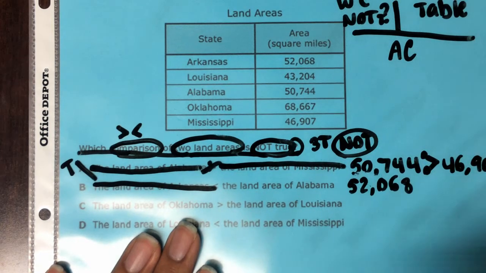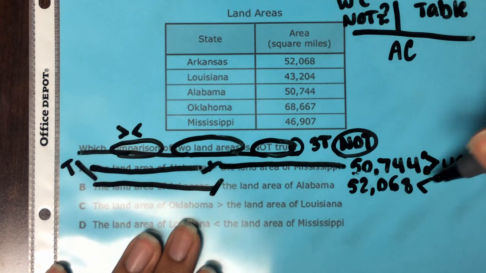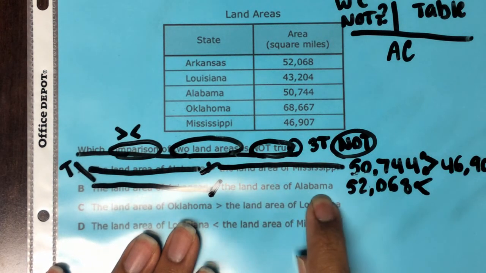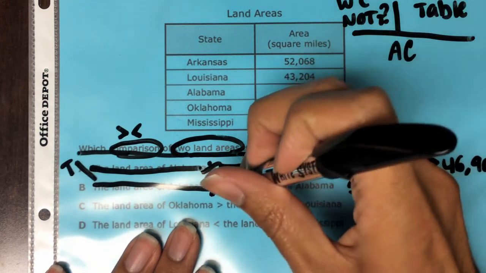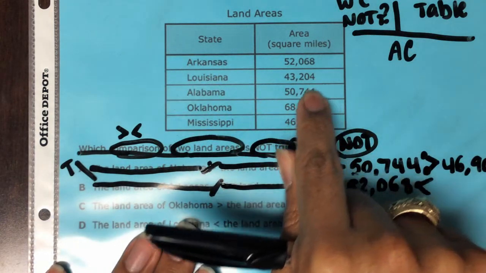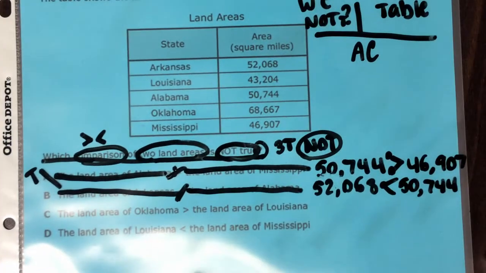The symbol there was less than, because 1 dot came first. Now I have to find the land area of Alabama. Let's cross off Alabama, find Alabama, and that's 50,744. So let's write that down. Okay, now I have my number sentence.